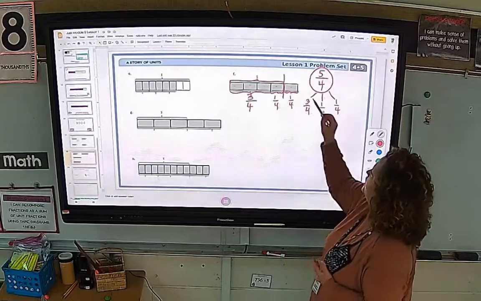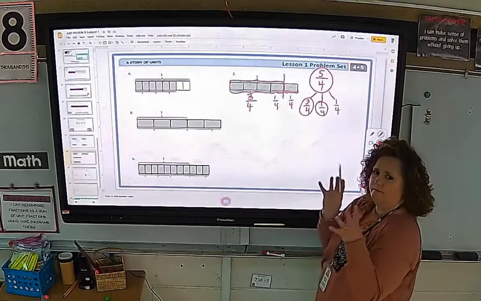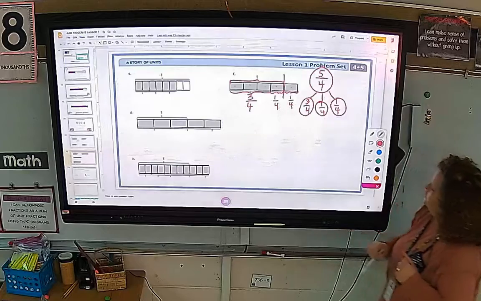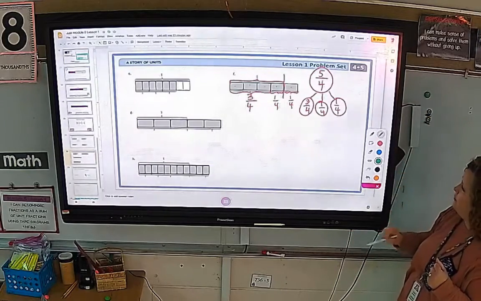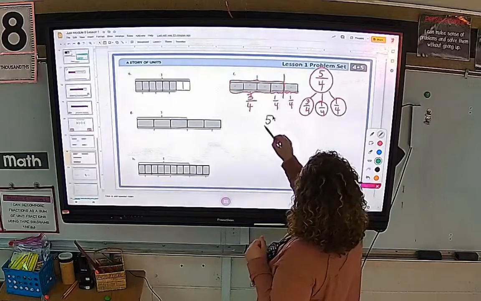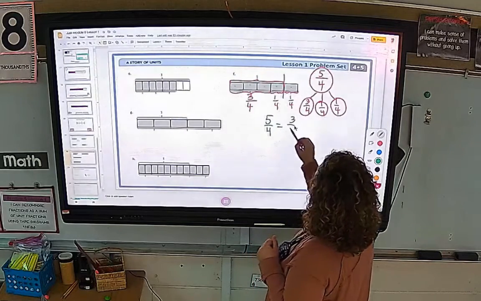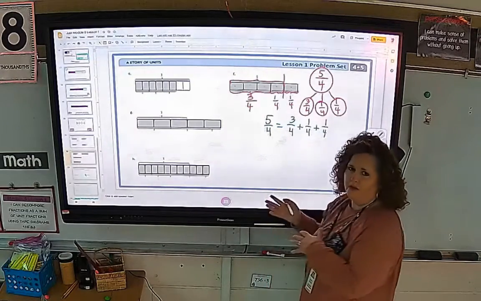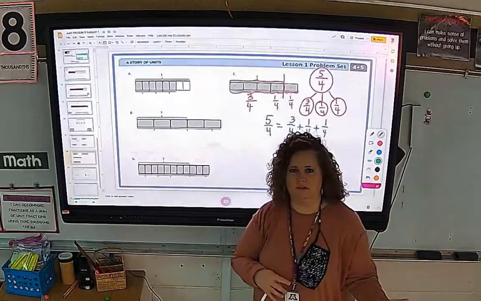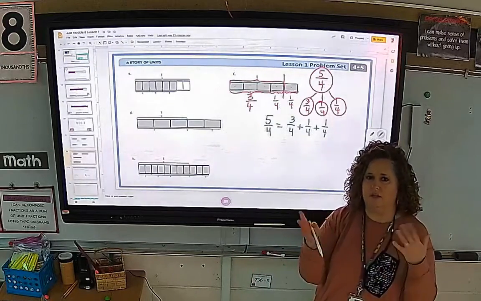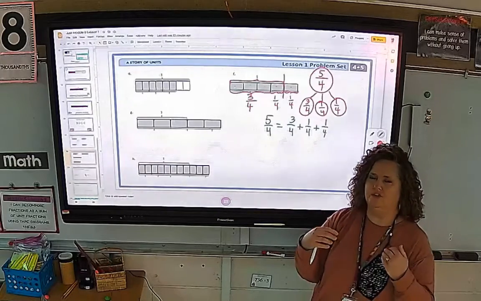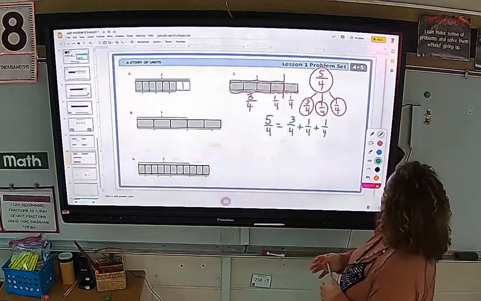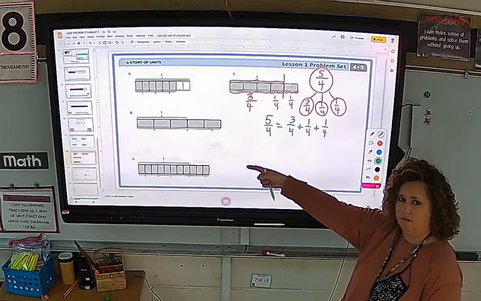If you don't circle those, it's okay, because sometimes we don't have a lot of space. But there you go. 3/4 and 1/4 and 1/4. The math problem would look like 5/4 is equal to 3/4 plus 1/4 plus 1/4. So these tape diagrams are just like the ones we did right before this. It's just that our beginning fraction is an improper fraction. And so to get started correctly, you've got to pay attention to how many pieces are in the whole. Okay, let's jump over and do G.